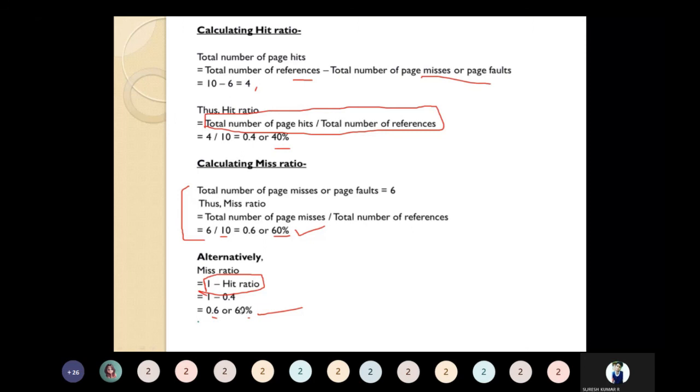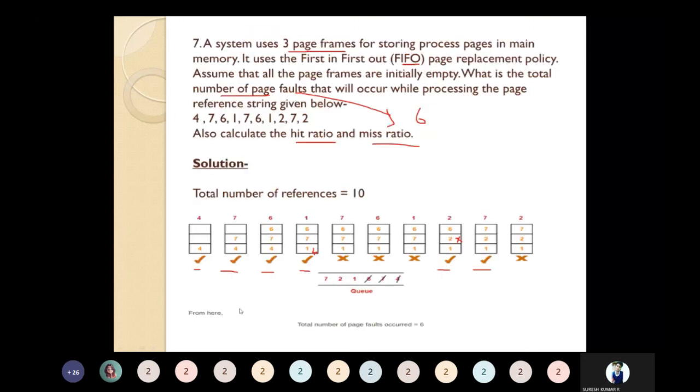So this is the seventh question. The method we use to solve it is FIFO, but additionally we need to calculate the hit ratio and miss ratio.